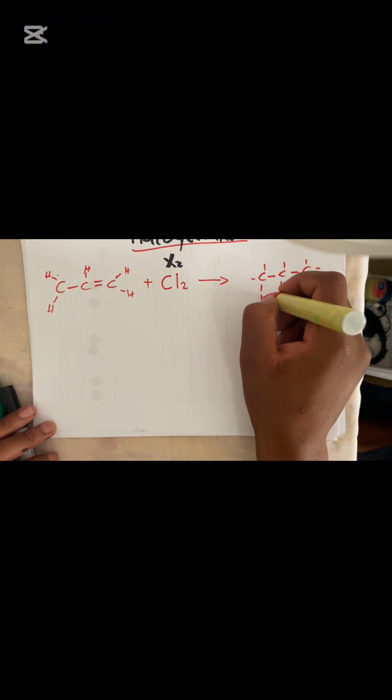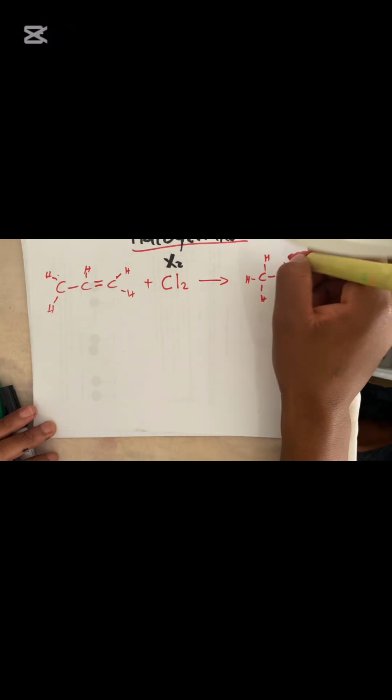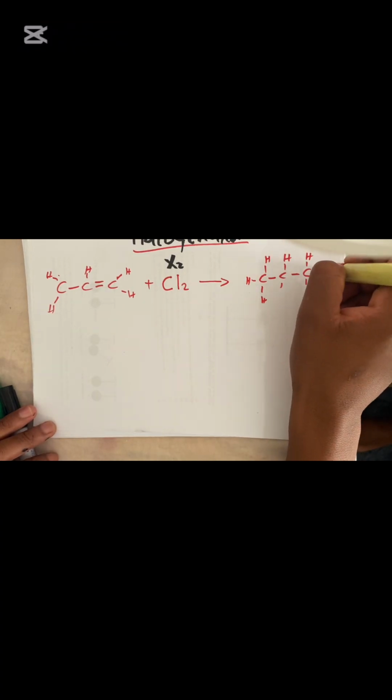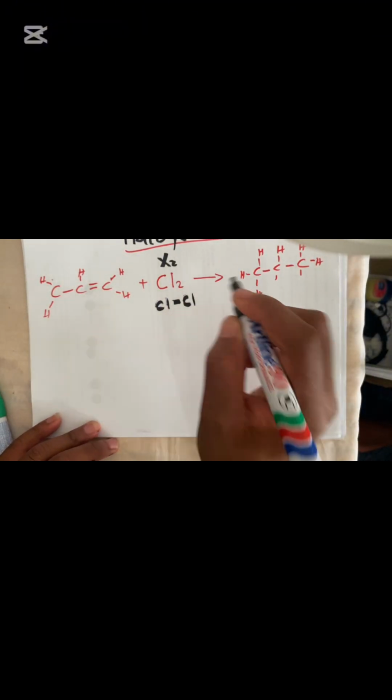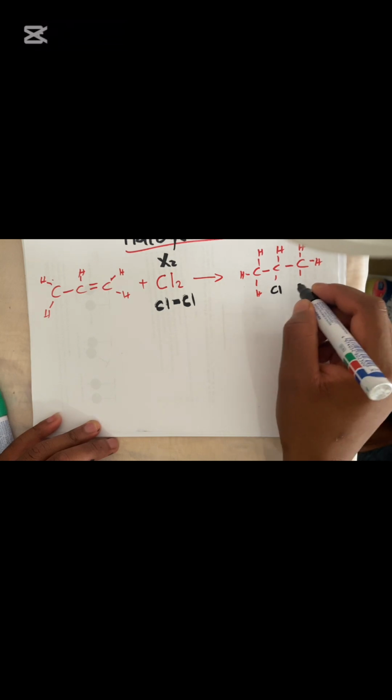The chlorine will bond here, Cl and Cl, and this becomes our product, the halogenation product.